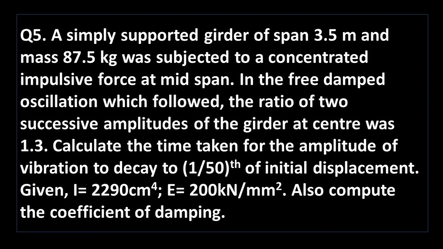Calculate the time taken for the amplitude of vibration to decay to 1 by 50th of initial displacement. Given the moment of inertia 2290 centimeter raised to 4, Young's modulus 200 kilonewton per mm square. Also compute the coefficient of damping.